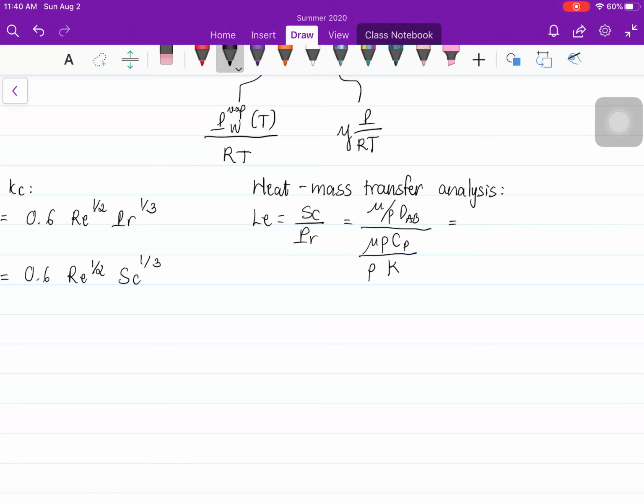So it would be simplified to thermal conductivity divided by density times heat capacity times diffusion coefficient, DAB.